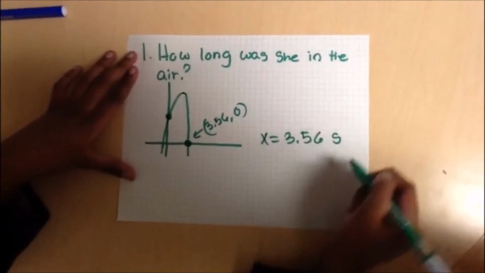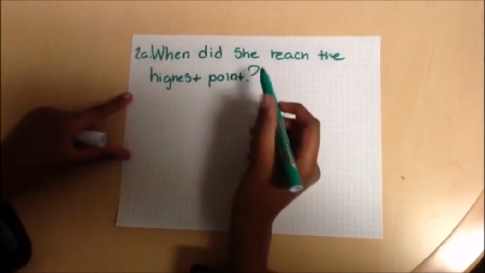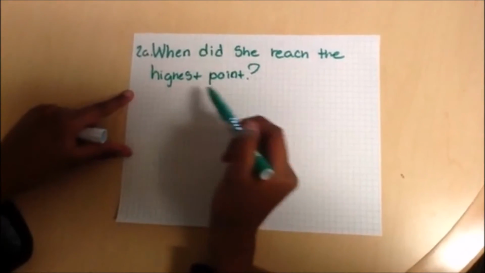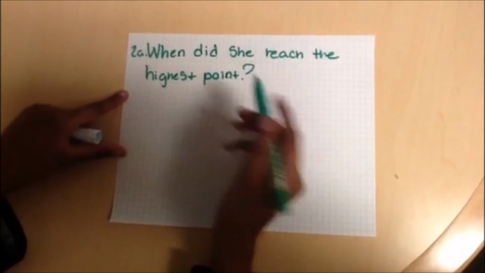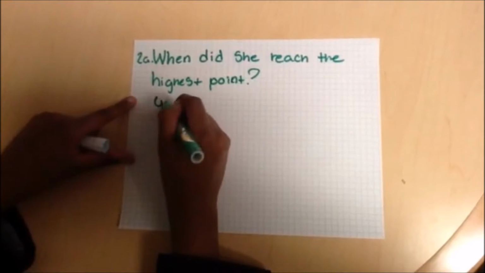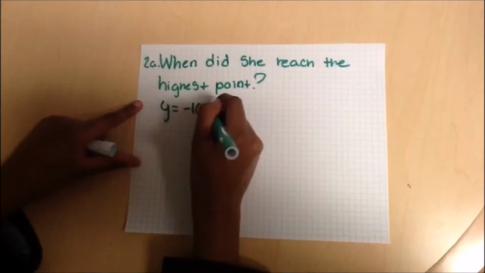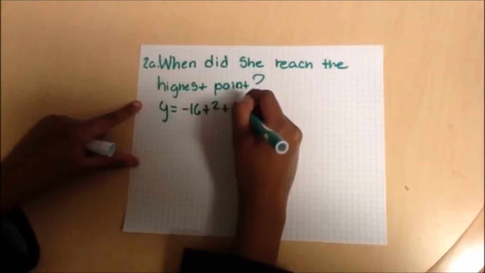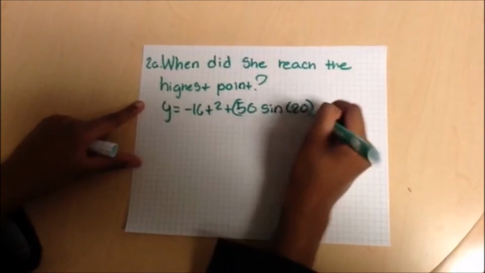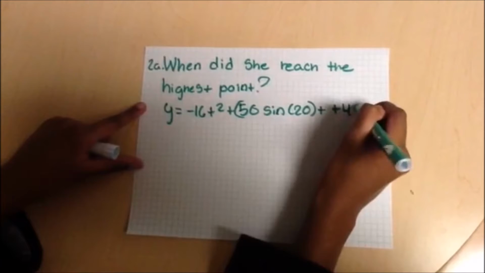So in the first part of the second question, we need to figure out when did she reach the highest point. We can use the equation that we stated earlier, which was y equals negative 16t squared plus 50 sine of 20t plus 40.